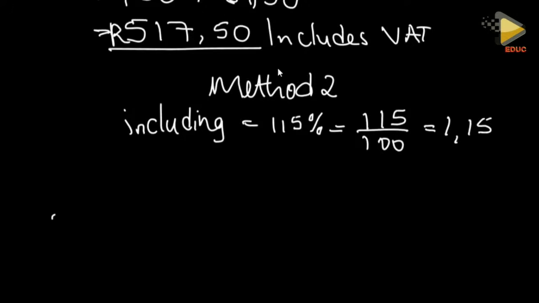We added the 100% before VAT, then we added the 15%, which is VAT. Now we have 115. That's when we are including VAT. So it will be 1,15 times the price that you have. This moment we have 450. We are including VAT using the second method. So we shall say 1,15 times 450. You get a straight answer, which is that much.